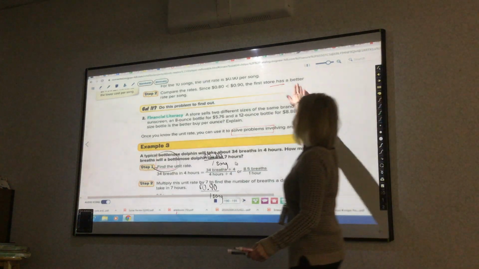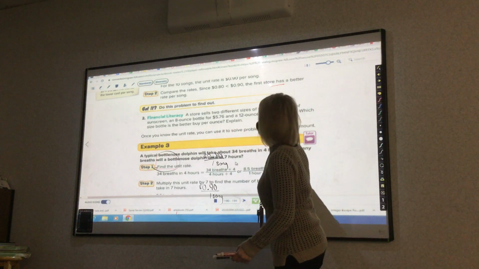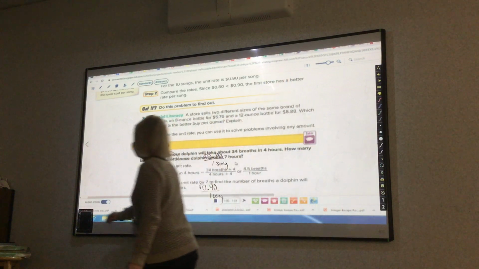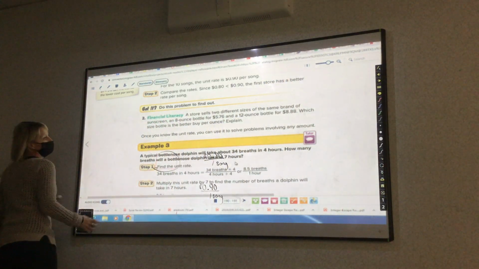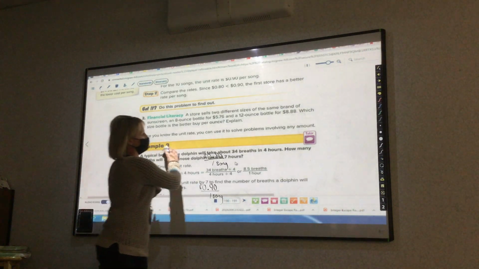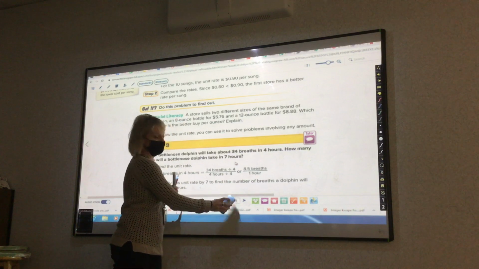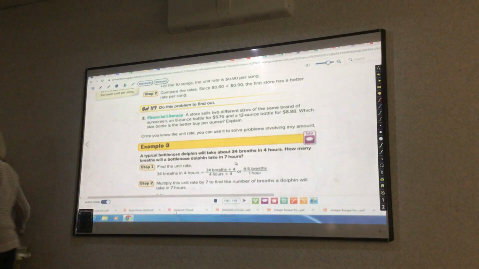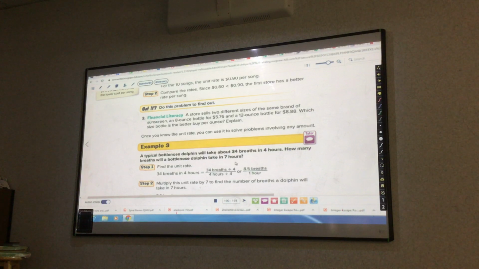A store sells 2 different sizes of the same brand of sunscreen. An 8-ounce bottle for $5.76 and a 12-ounce bottle for $8.88. Which size bottle is the better buy? Try it on your board. Set it up. I need to see it set up, and then I need to see the work, except for the work that you're doing on your calculator.